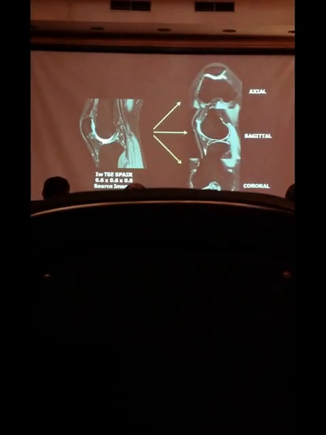Actually, this is a 3D fast spin echo, turbo spin echo, with intermediate weighting and SPARSE acquisition. This was acquired in the sagittal plane with 0.6 millimeters. It's very thin. It's extremely thin. So we acquired that, and with the source images, we can reformat in every plane we want, like axial, sagittal, coronal.